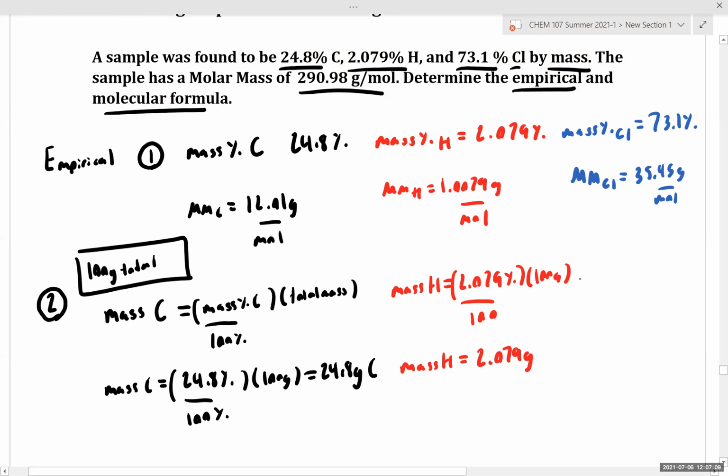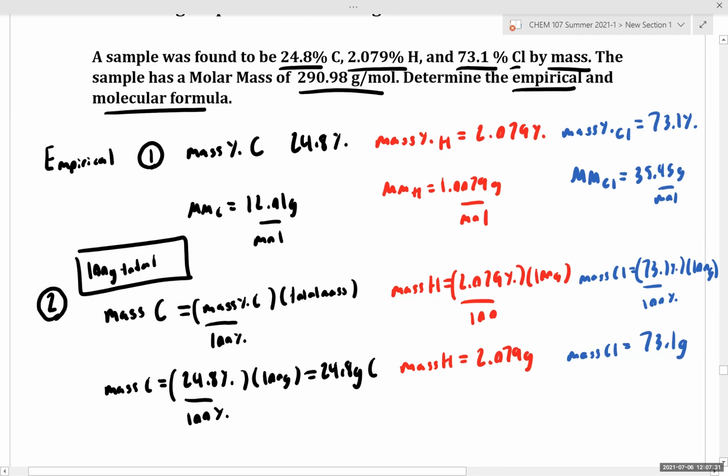Finally, we can calculate the mass of chlorine, again, by taking the mass percentage over 100 times 100 grams. And that in turn gives us a mass of chlorine of 73.1 grams.